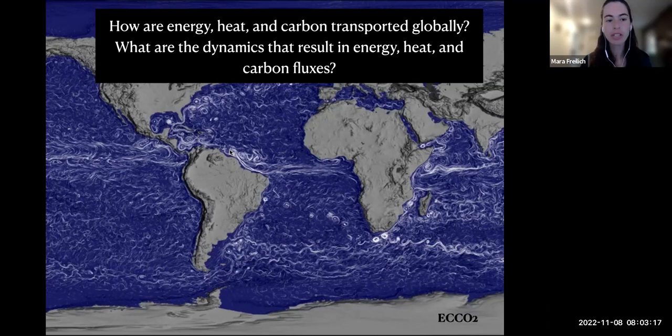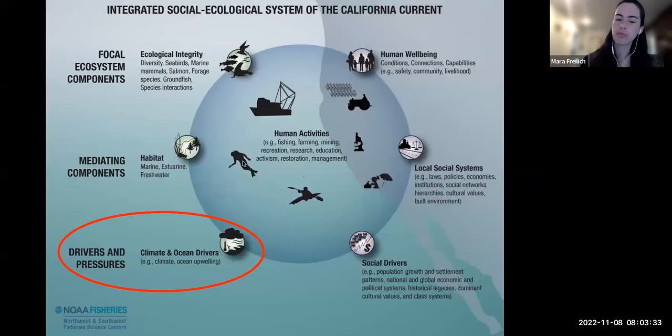The observations that I will be showing are from the California current system, which is a relatively unenergetic region when we look at maps of global currents, like the one on the screen from ECCO. But it's also a very economically and socially important region with an important fishery, ecosystems that we depend on.